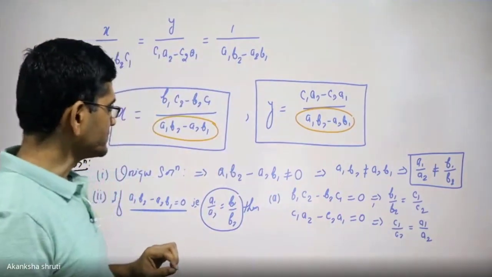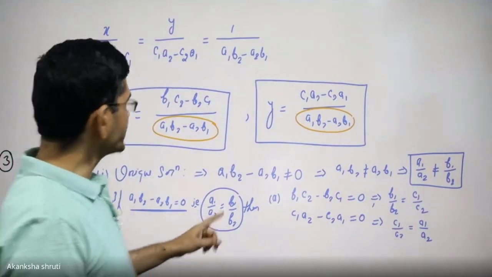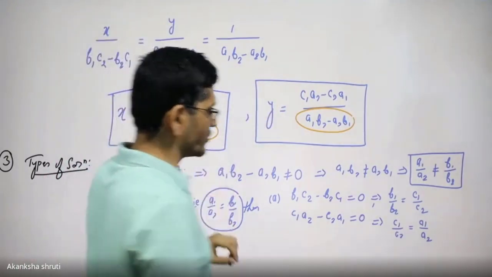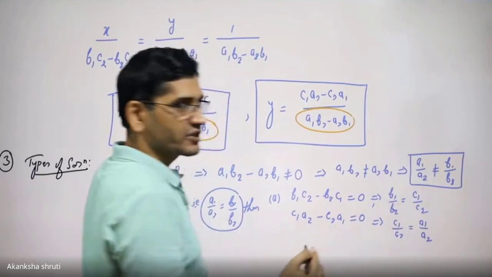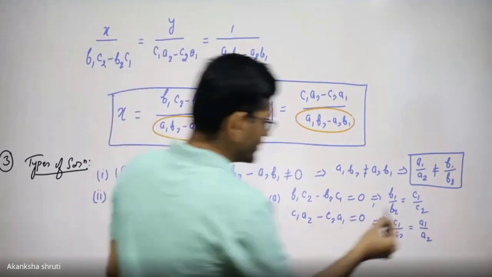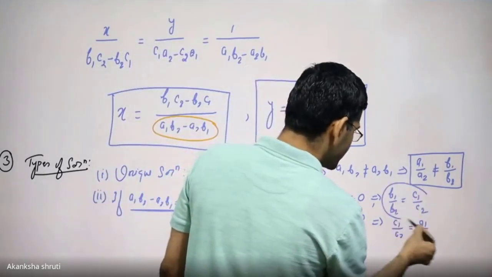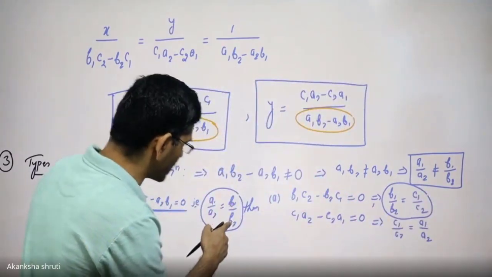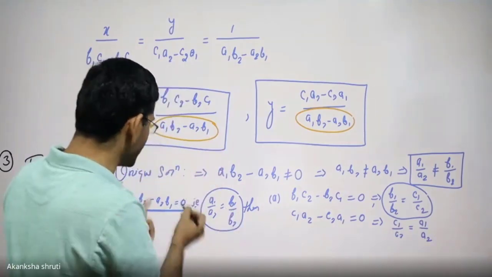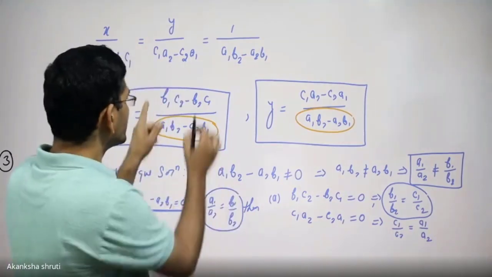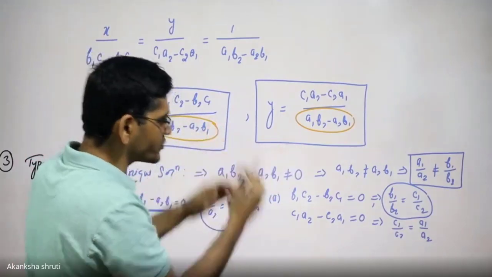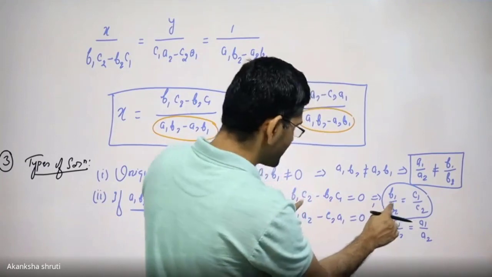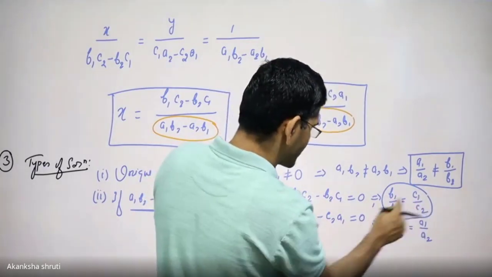Students, if the denominator is 0 and their numerator is also 0, even if one numerator is 0, then the other will also be 0. Say in this case, remember a1 by a2 was equal to b1 by b2. This is from the denominator equated to 0. Then if one numerator is also coming 0, then we have obtained the ratio b1 by b2 is equal to c1 by c2. It means what?